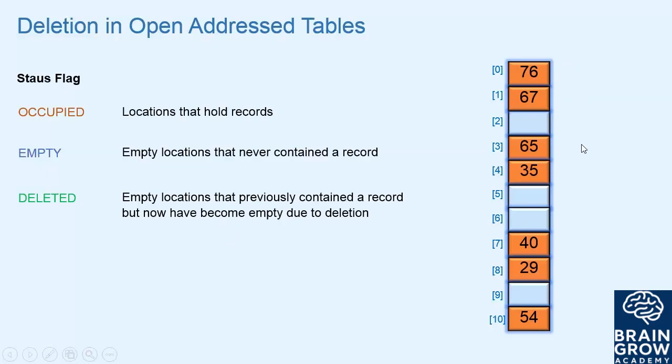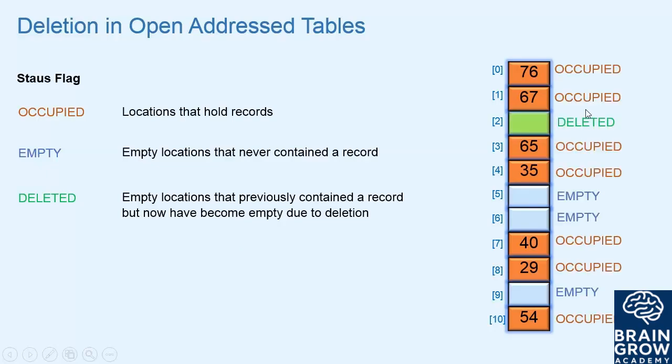So in this table, after deleting the record from location 2, we mark this location as deleted. So these are the locations that are occupied. These are the locations that are empty. And this location that is marked as deleted was occupied before and now has become empty due to deletion.